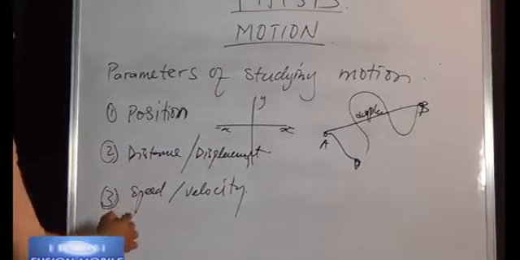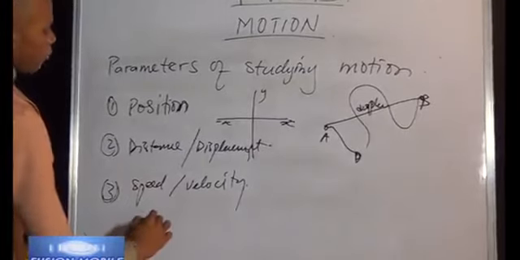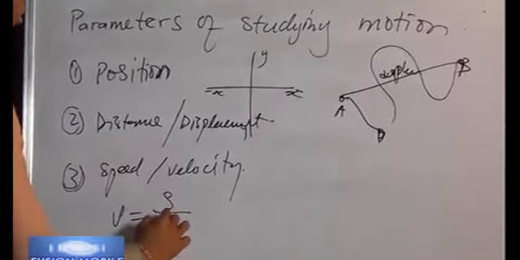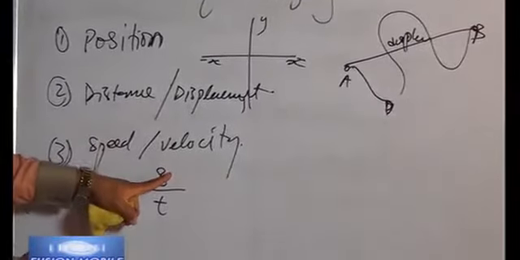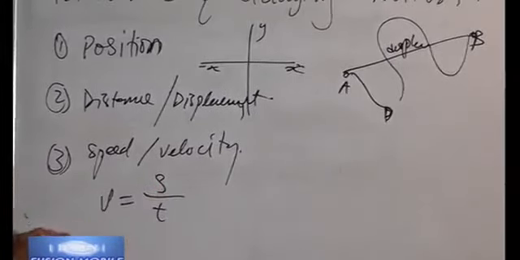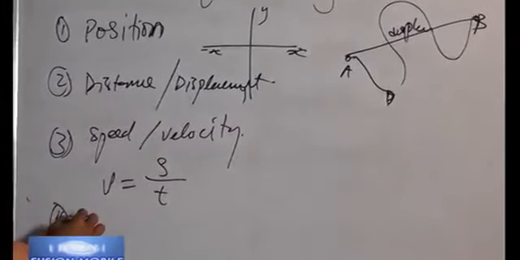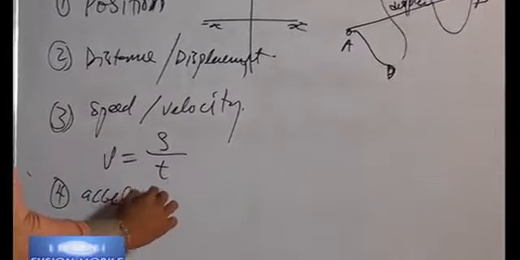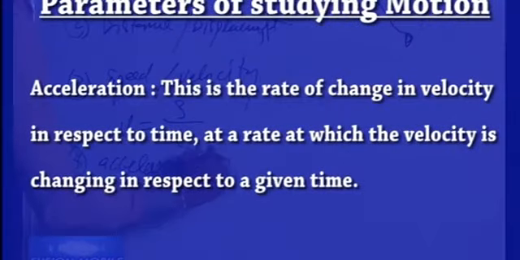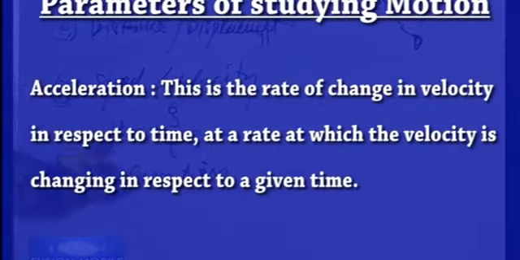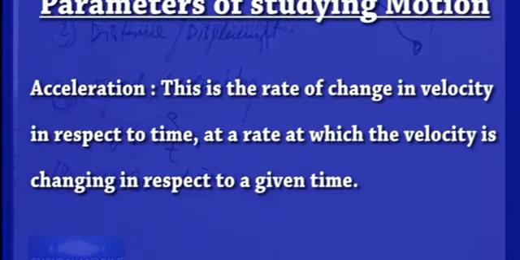So mathematically, we'll say that this V is equal to x over t, where x is distance and t is time. Then the fourth one, we talk about acceleration, which is the rate of change of velocity with respect to time.